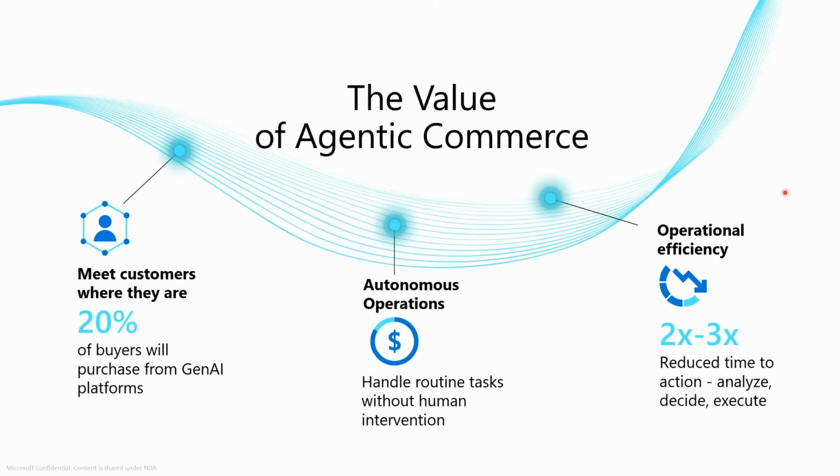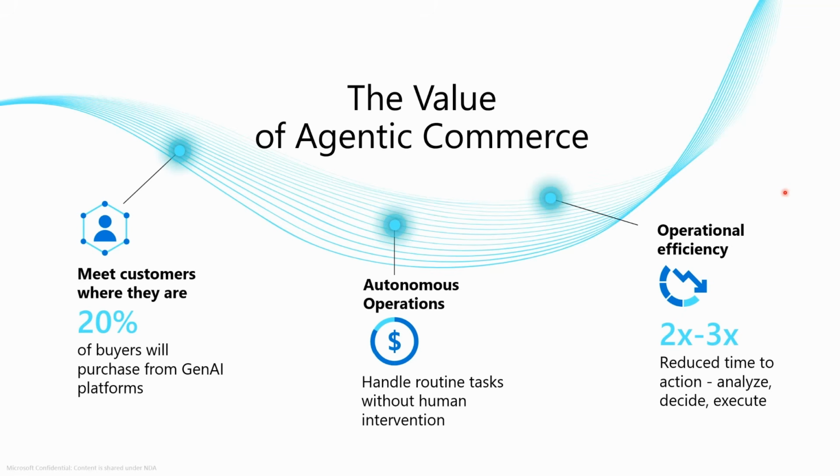So what is the value of agentic commerce? More and more buyers are joining Gen AI platforms, where they want to use their preferred platform these days, like ChatGPT, Google Gemini, or Microsoft Copilot, such as Copilot Checkout.